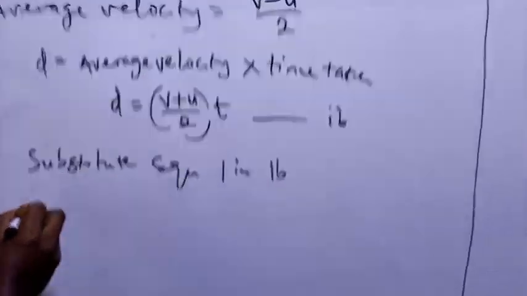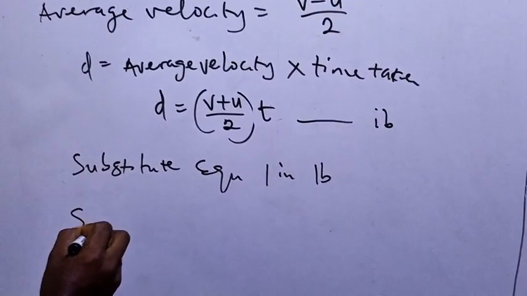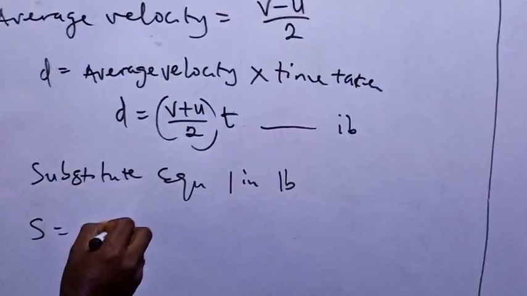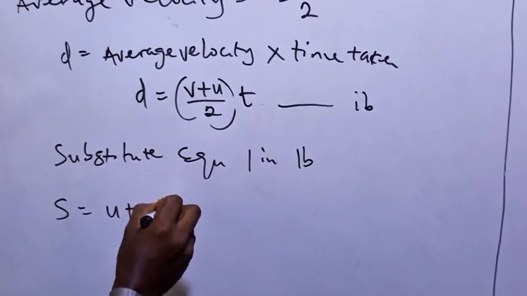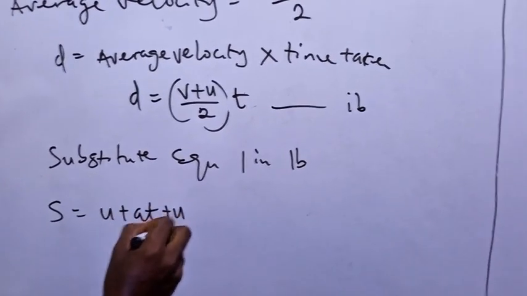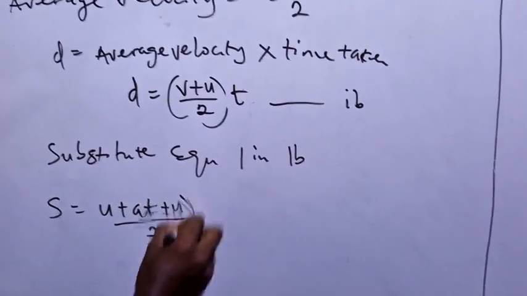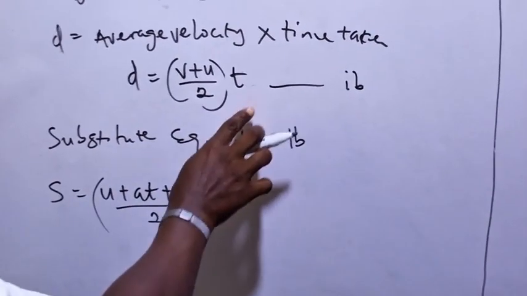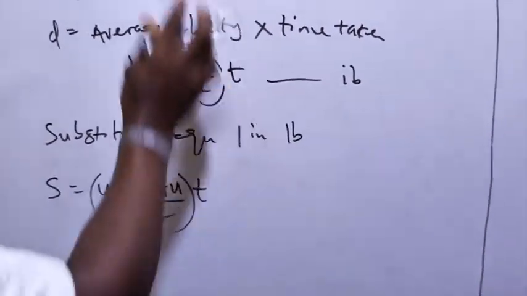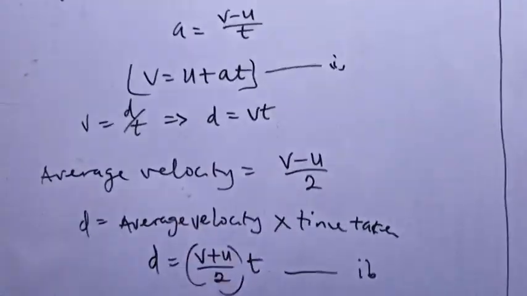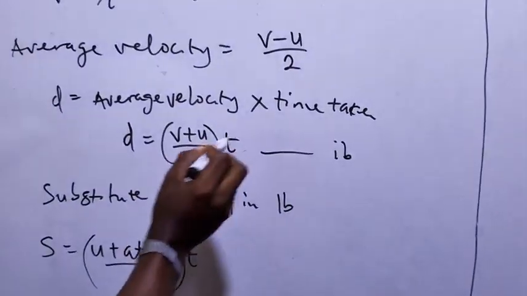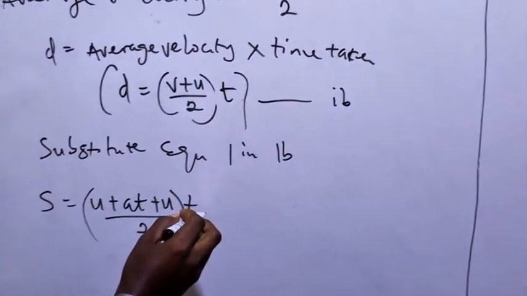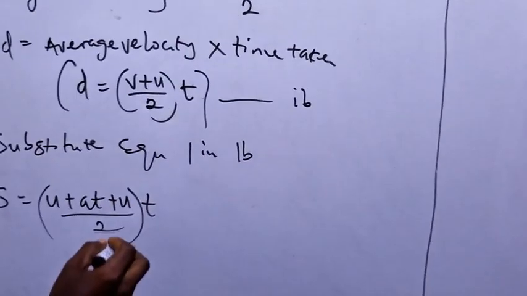We will have that x, that distance, equals u plus at plus u divided by 2 multiplied by t. Remember, we are substituting equation 1 into equation 1b. Equation 1 is this. I'm substituting it into equation 1b in this. So from this, multiplied by t divided by 2.